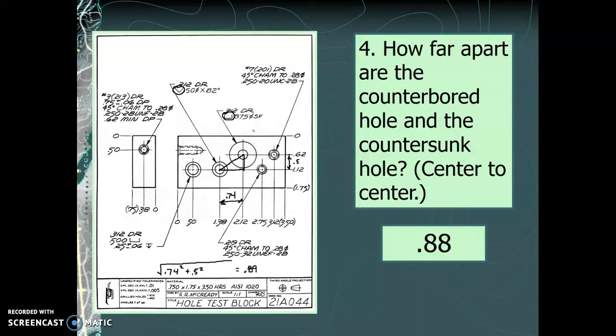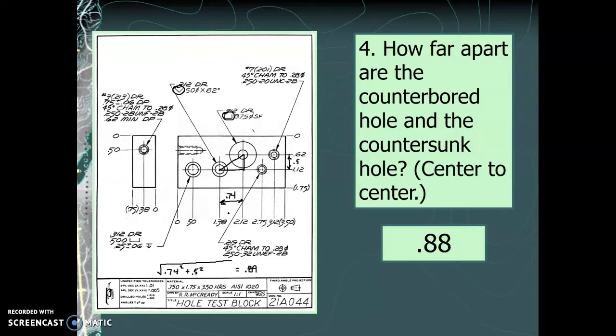And I actually came up with an answer that is 1/100th of an inch off from what the PowerPoint here says. So I can only imagine that this is some sort of typo. I don't see any mistakes I've made here, but it's really not that big of a deal.